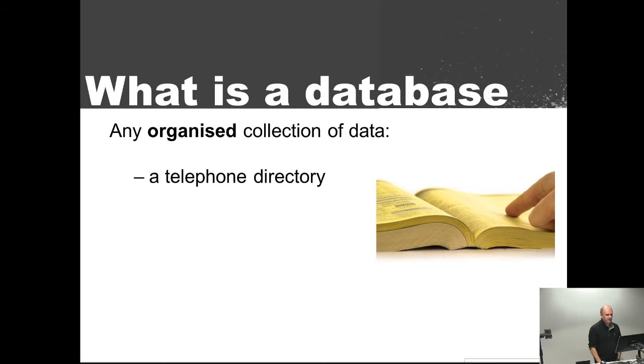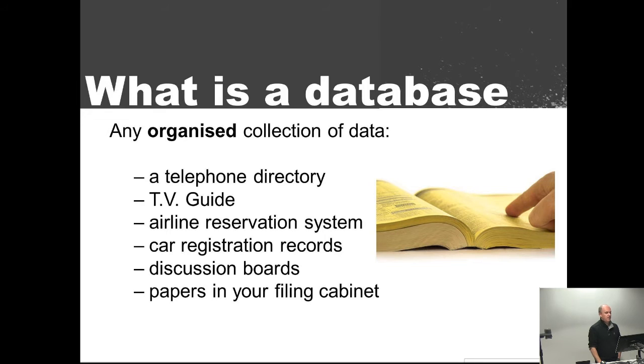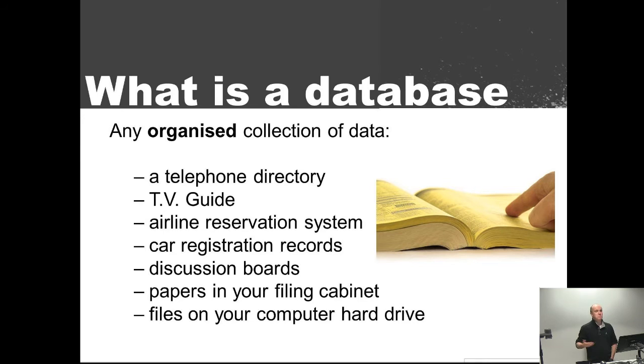I already mentioned the telephone directory, the TV guide, airline reservation system, car registration records, distribution board, even papers in a filing cabinet. If they are organized in a coherent manner, that's a database. No need of a computer or a book. Files on your computer hard drive is a database. Maybe not the most efficient one, but it is. Web indices and so on.